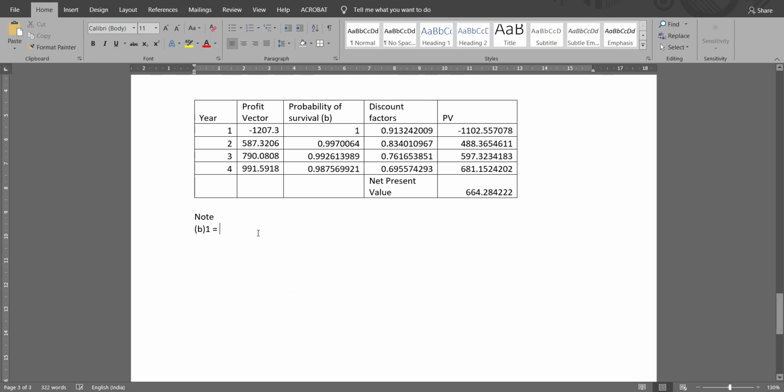So B1, B2, B3 and B4. How have you calculated these?